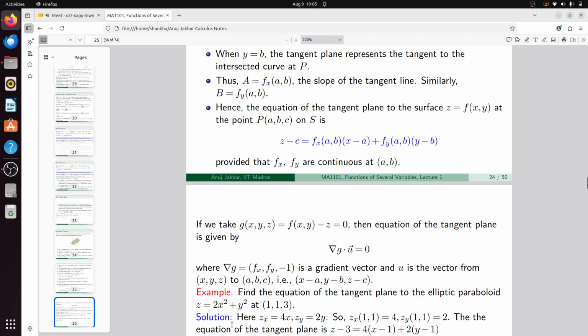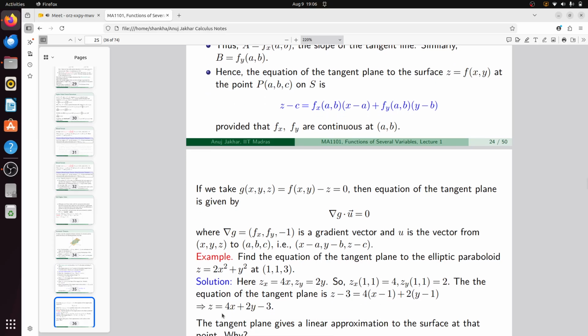Now f(x,y) is 2x square plus y square. If you take the derivative with respect to x, you get 4x. With respect to y, you get 2y. So the answer is z minus 3 equals (x minus 1) times 4x plus (y minus 1) times 2y.